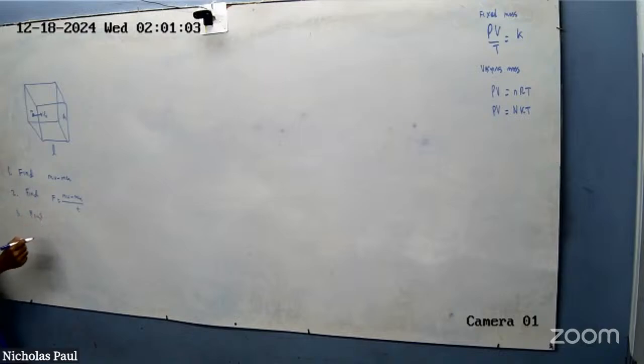We didn't find the volume. Find pressure. Pressure is equal to force on area. After that, pressure for n particles.